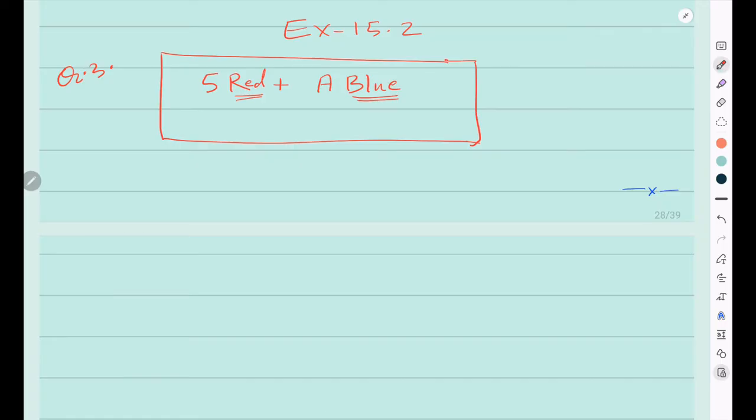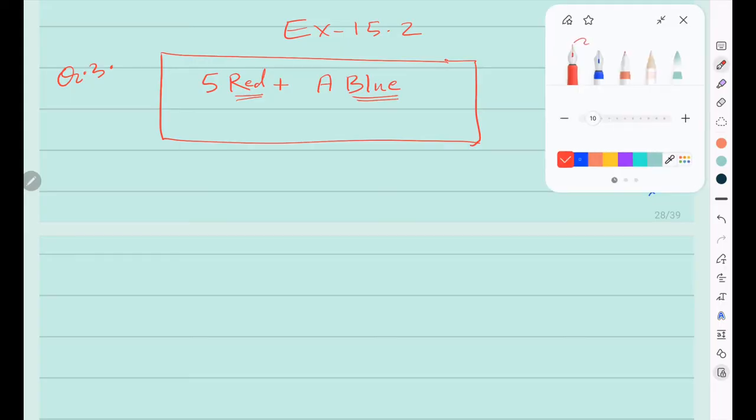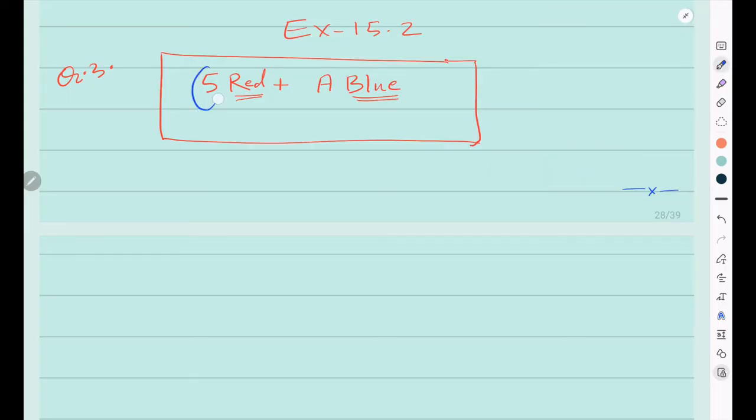There are 5 red balls and a blue balls. Some blue balls, but we have taken it as a blue balls, it's a variable. If the probability of drawing a blue ball is double that of the red ball, okay, so what are the total outcomes possible?